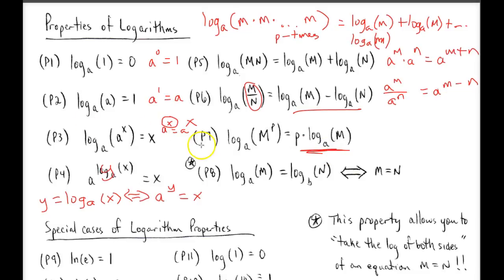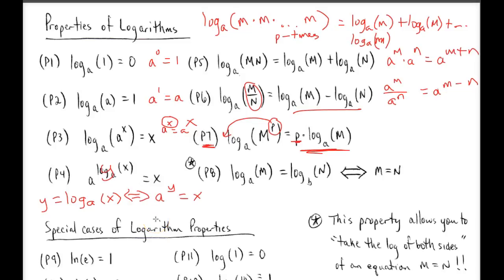Out of all the properties, to me, this is probably the most important, because this is the one that you will use most often whenever you're solving an exponential or logarithmic type of equation where you're dealing with expressions that have different bases. Essentially, this allows you to take something that's raised to a power, and if your variable is in the power, then you can take the exponent and pull it out and multiply it times everything else.